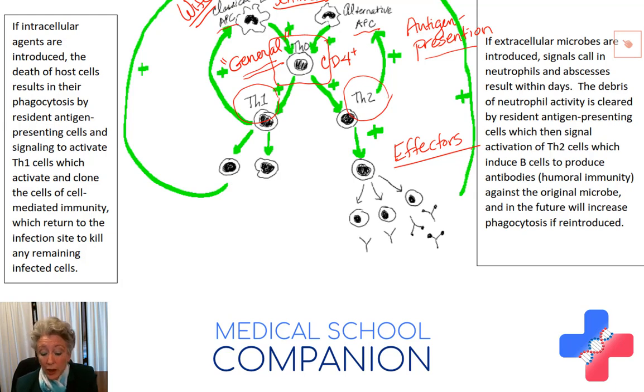So on one side of the immune response, where I had my alternative antigen presenting cell talking to my T helper 2, my effectors on that side are going to be my cells who make antibodies. And antibodies are the basis of what we refer to as the humoral immune response.